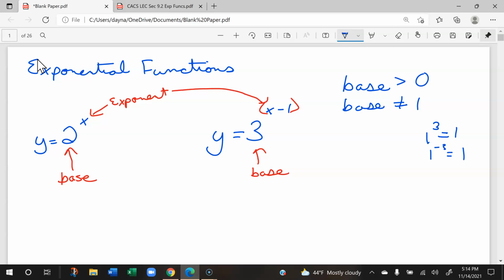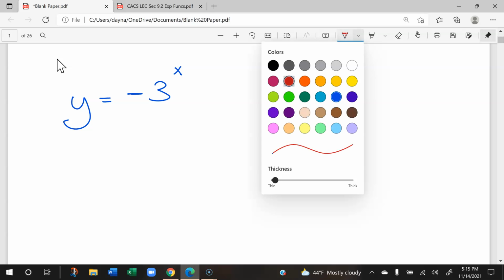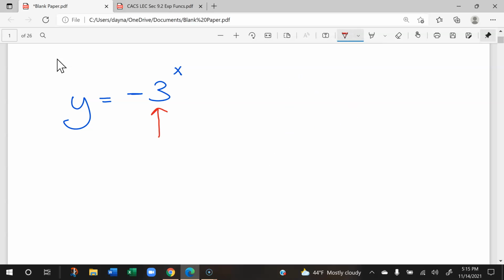When we think about bases having to be positive, this is still okay because my base here is just the 3. The 3 is the only thing raised to that x power.